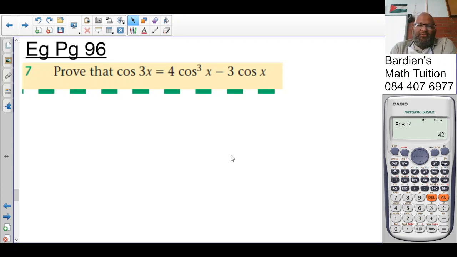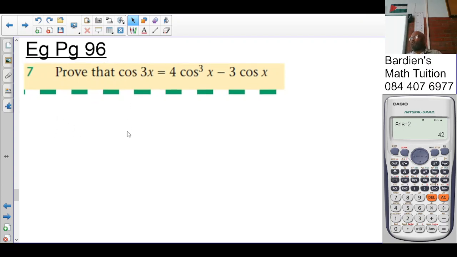So what we do is we choose the easier way out, definitely the easier way of working. We work the right hand side of the equal sign and make it equal to the left hand side. I've seen people always choose another way and then manage to get it. But we're not here in the business of making things difficult.